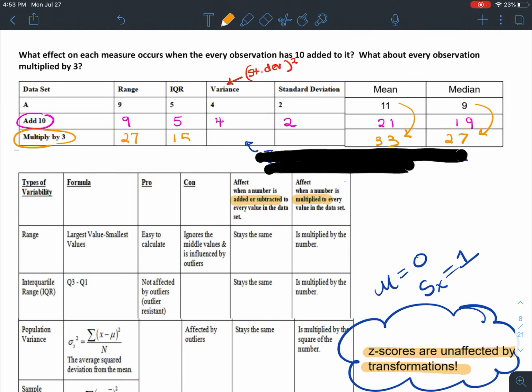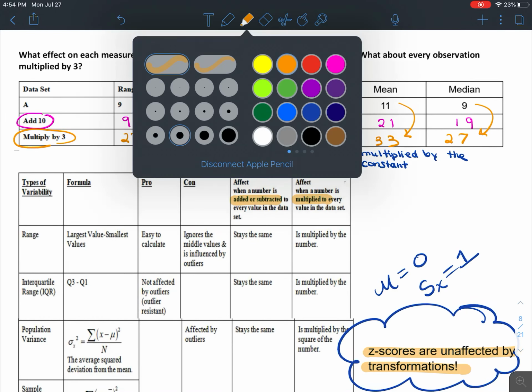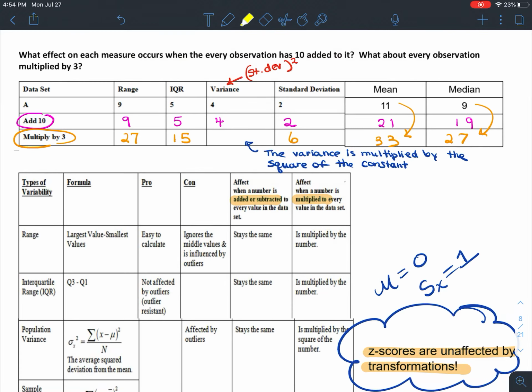My measures of spread now also get multiplied by 3, but there's one caveat. I'm going to skip variance here for a second. Here's the trick, you've got to be really careful about this one. Since the variance is the standard deviation squared, you do not multiply the variance by 3.